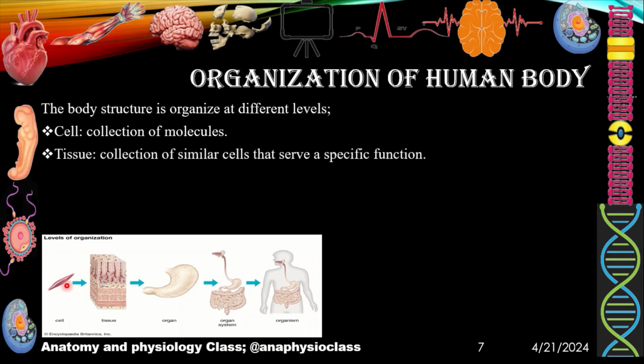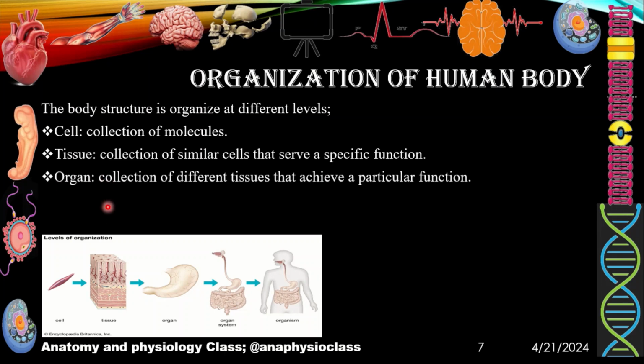Then tissue. A tissue is a collection of similar cells that serve a specific function. So you can see a tissue here. Then organ. An organ is a collection of different tissues that achieve a particular function.